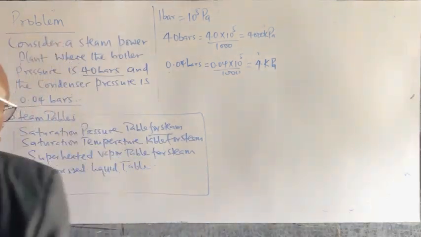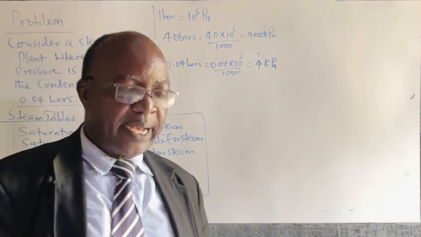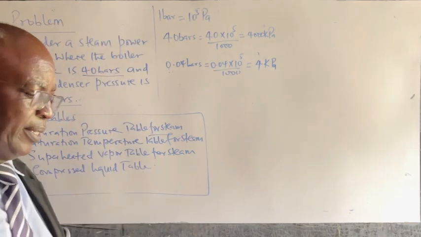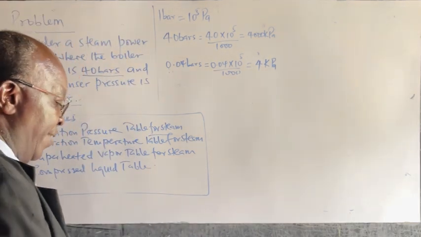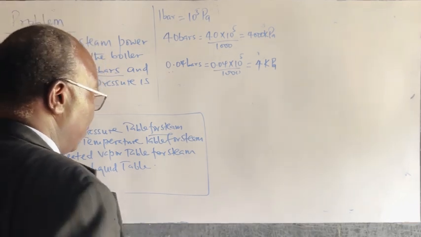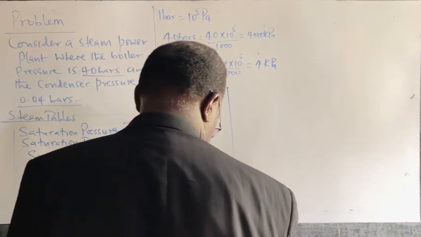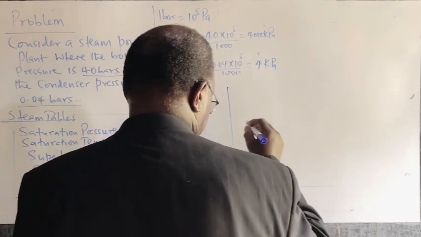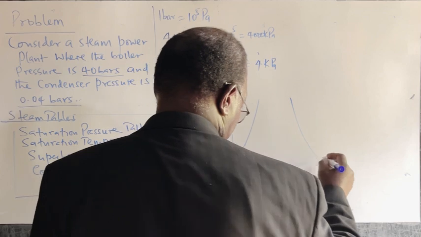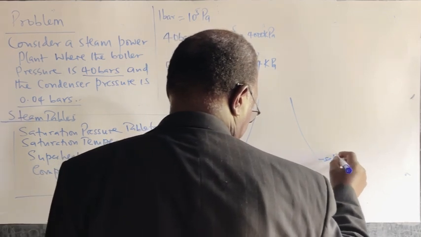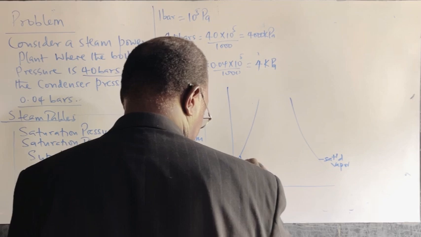Now, we go back to our Carnot cycle. And remember, we said the efficiency... let's just draw the Carnot cycle to remind ourselves, on the Rankine scale: the saturated vapor line and the saturated liquid line.